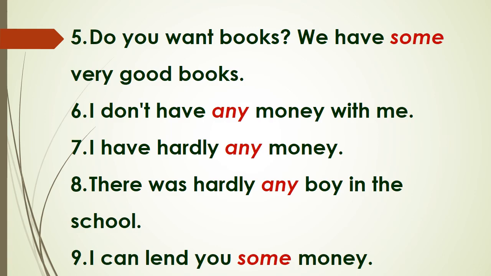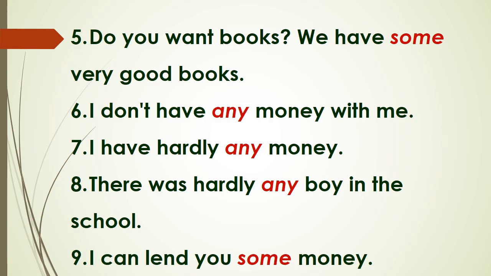Again, a negative implication based sentence. That means the speaker is saying he doesn't have any money. So the word any is used here. Next is, I have hardly any money. So again, this sentence is a negative sentence. That means that there is not any money.